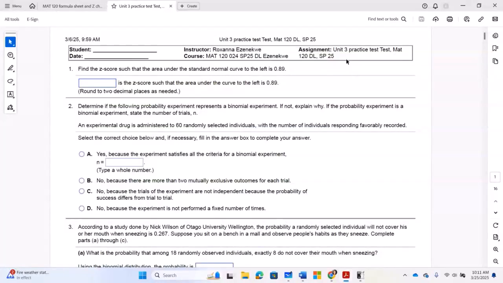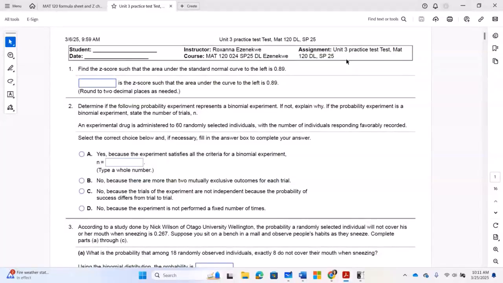If the probability experiment is a binomial experiment, state the number of trials. An experimental drug is administered to 60 randomly selected individuals. In other words, the sample size is 60.